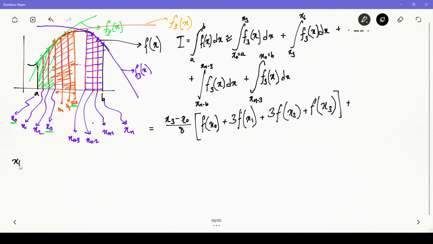We have what? x6 minus x3 divided by 8 times f of x3 plus 3 times f of x4 plus 3 times f of x5, and lastly we have f of x6, right?